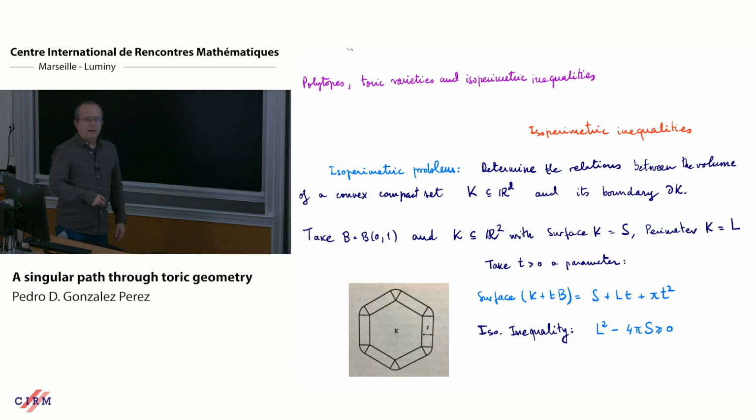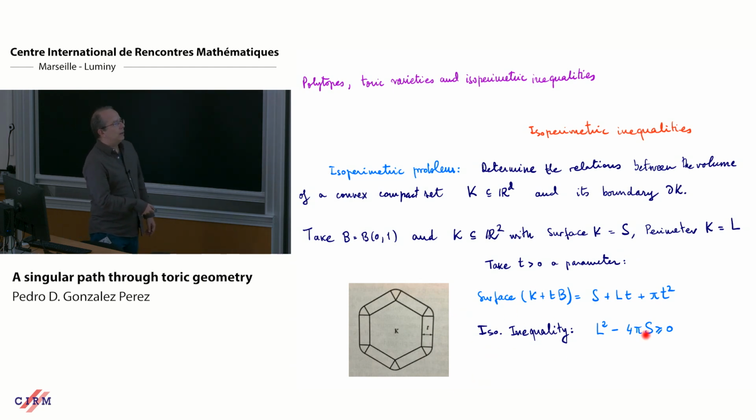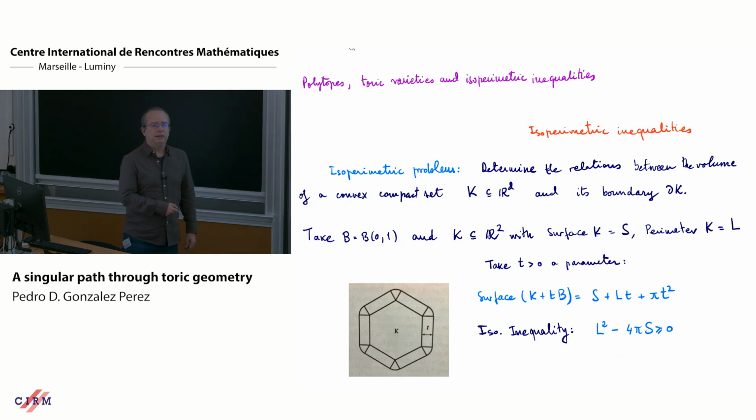In this case, the isoperimetric inequality tells us that the square of the perimeter should be bigger than or equal to 4 pi times the surface of the compact set.